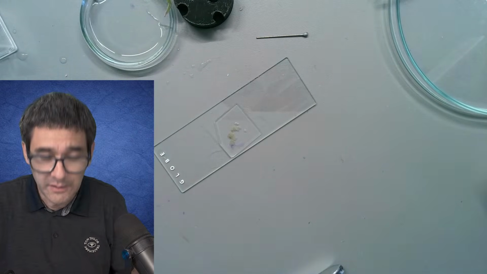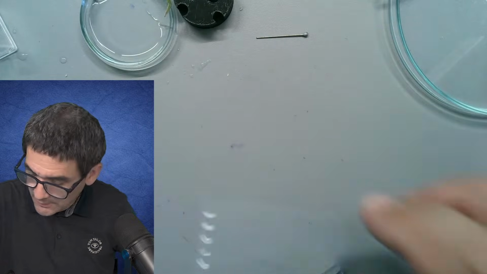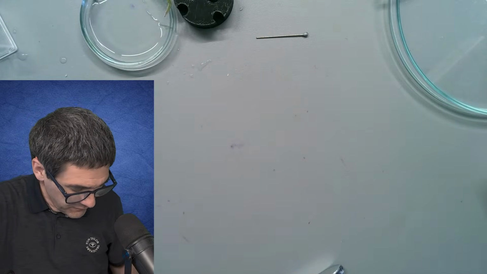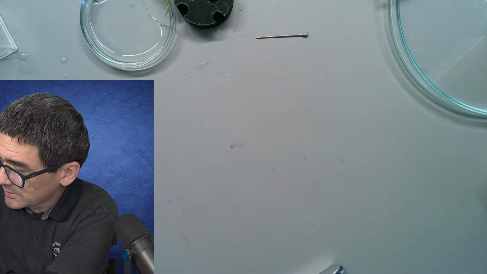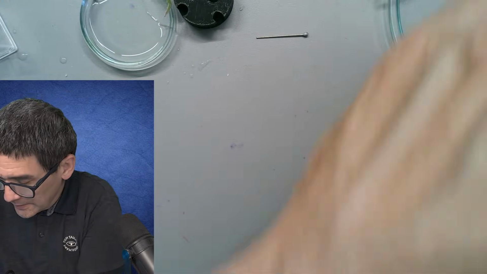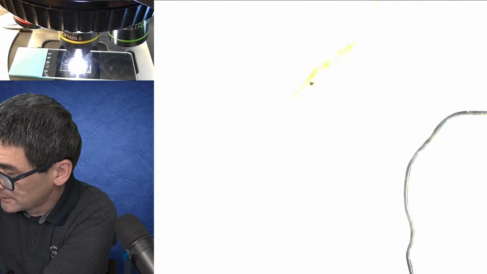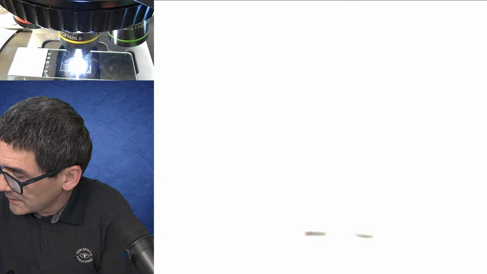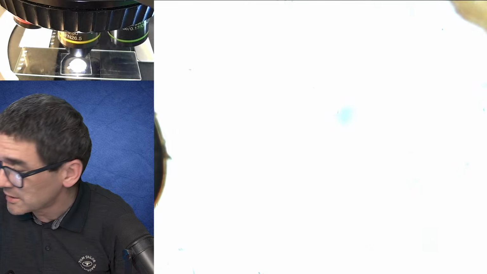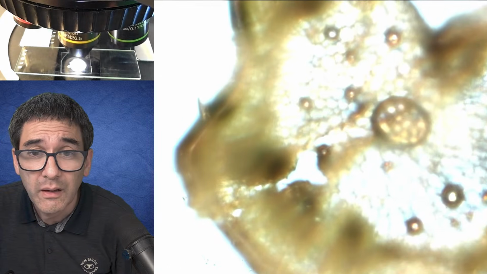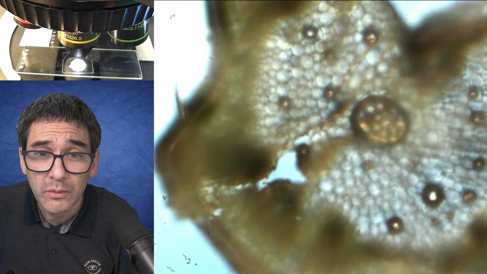Okay, let's give it a short try. So the specimen is fairly thick, unfortunately. Let's start off with a low magnification, and it's 10 times. Here we go.